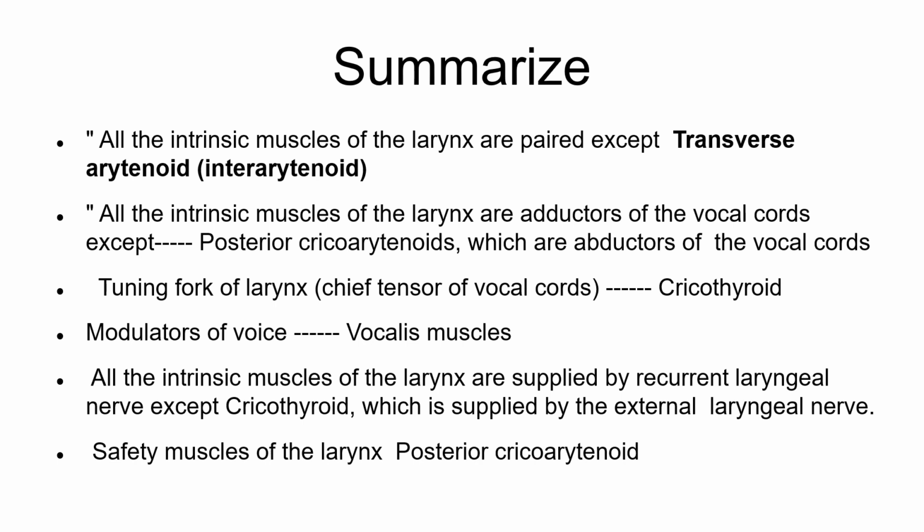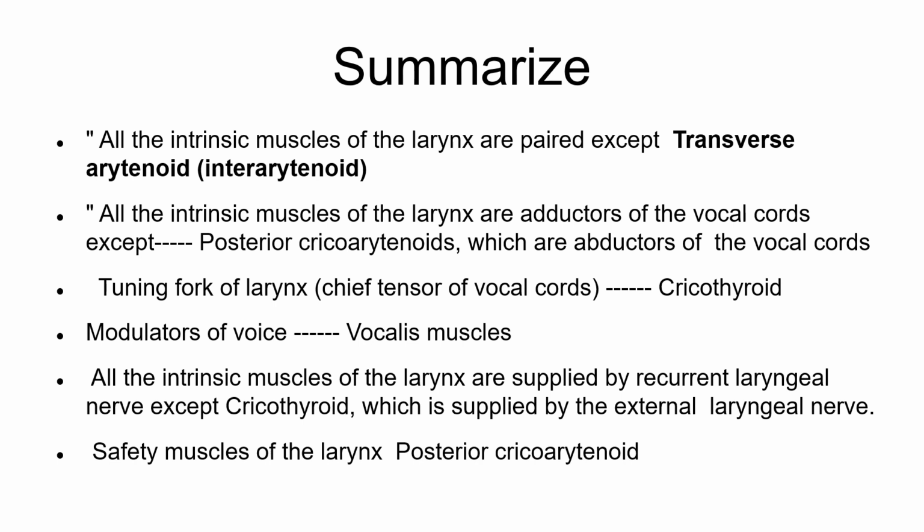Let's summarize the muscles. The transverse arytenoid muscle is the only unpaired muscle among all the intrinsic muscles. Tuning fork of larynx is the name given to the cricothyroid muscle. The vocalis muscle is the modulator of the voice, and the safety muscle of larynx is the posterior cricoarytenoid muscle.